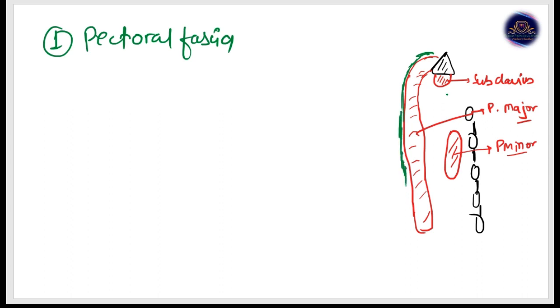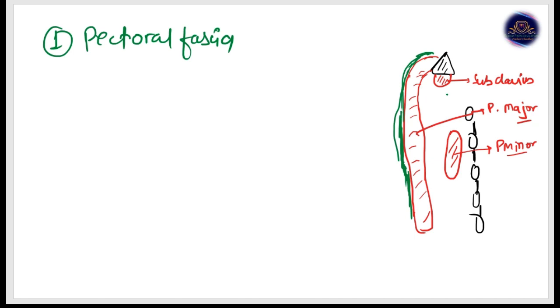Here we cut this and we get the cut section of our body in the thorax region, ठीक है, so that we can see the mammary gland. So this is the pectoral fascia, this is anterior and this is posterior. The anterior aspect covered by the fascia is known as pectoral fascia. Okay, so do you understand the meaning of pectoral fascia?